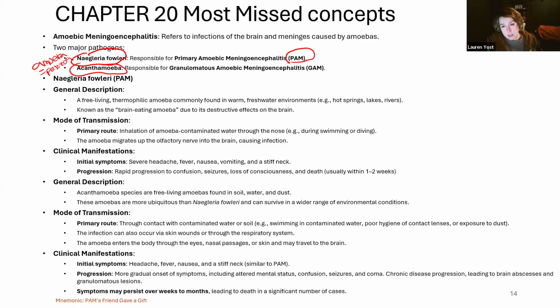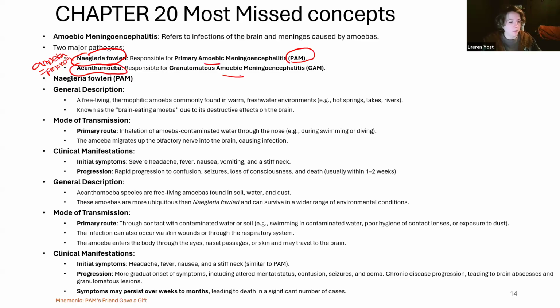So, granuloma means that we would wall the infection off with white blood cells. So whenever we're walling an infection off with white blood cells, it forms a structure that we call a granuloma, right? So if we have that happening associated with meningoencephalitis, infection and inflammation of the lining, as well as the structure of the brain, that's granulomatous meningoencephalitis. And it's amoebic because they're both caused by amoebas.